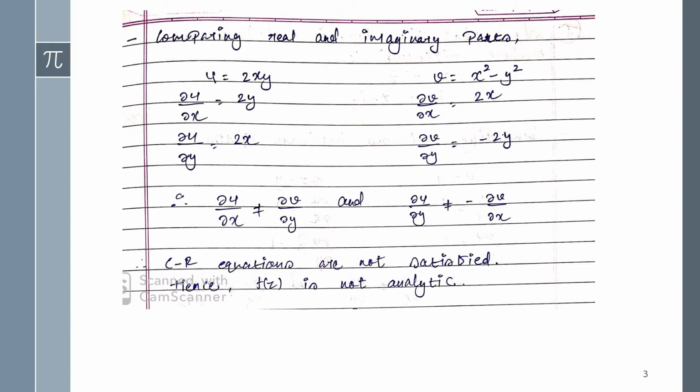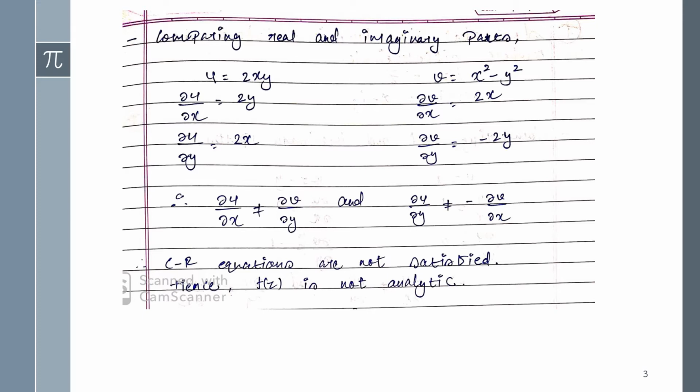So at that time, for this kind of function you have to apply the CR equations, that is, the Cauchy-Riemann equations. We learned this in our previous theory: ux equals vy and uy equals minus vx. So in this kind of example you have to apply the CR equations.